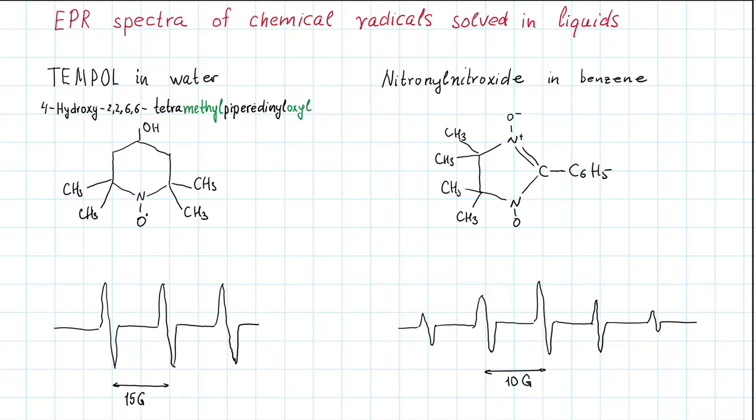But here we have interaction of a delocalized unpaired electron with two nuclear nitrogen spins. A more detailed explanation of the spectra, examples of which are shown here, will be given later in this video.